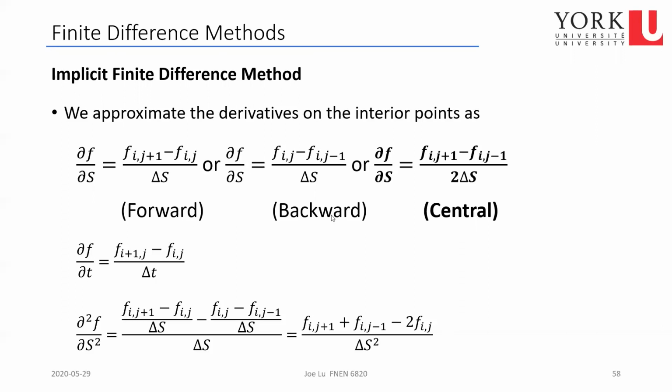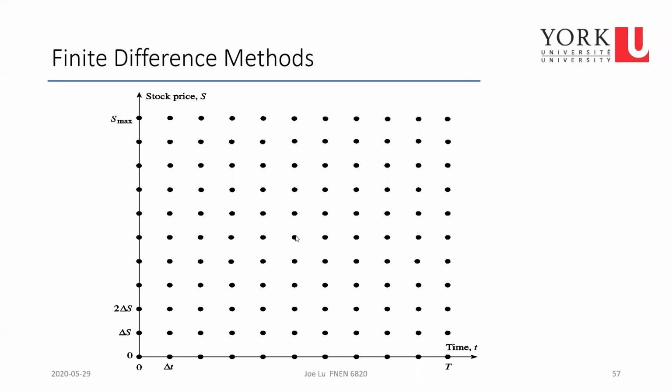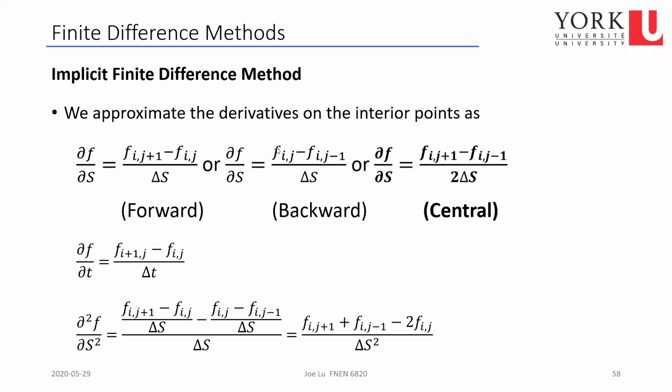And you can do a backward. Which means that if you want to get the partial derivative at the point ij, let's say this is ij, then you're looking at this value f ij minus f i j minus 1, divided by delta S. So that gives you the backward way.